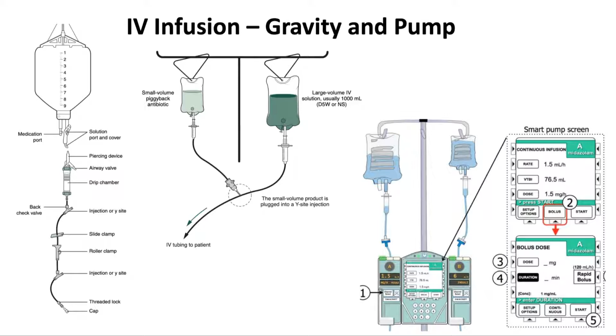All right? So let's look at the tubing then. Below the piercing device or the spike part of the set, there is oftentimes a drip chamber that partially fills with liquid from the bag. And what the nurse will do is, if you look down below there, there's this kind of roller clamp. Obviously it would be closed off when the nurse spikes the IV bag. But then releasing the roller clamp will allow gravity to start to pull the fluid from the IV bottle or bag and have it start to go into the drip chamber.